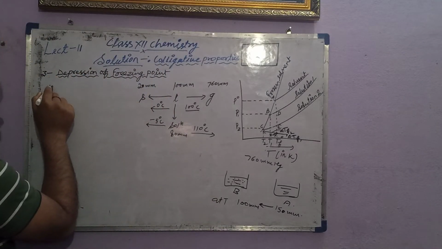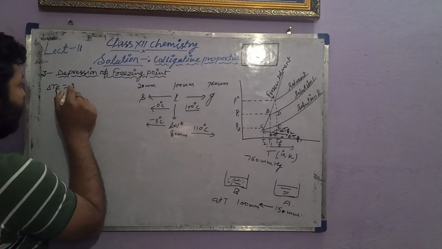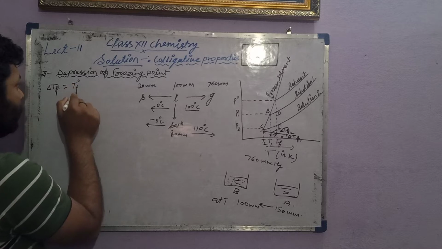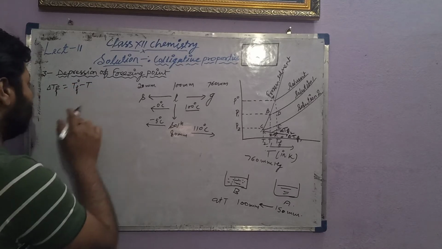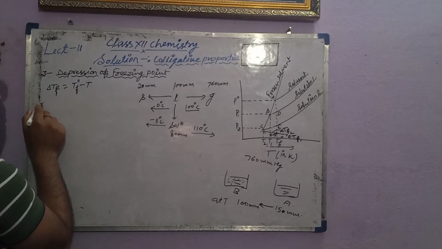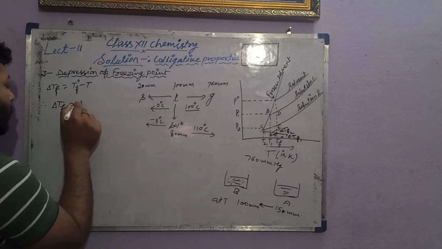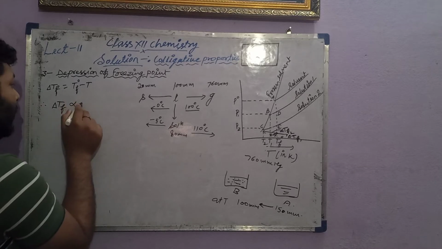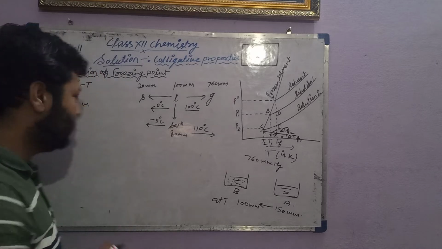Delta TF is actually T0F minus T. It can be T1 or T2, and therefore delta TF is proportional to the molality of the solution, m.